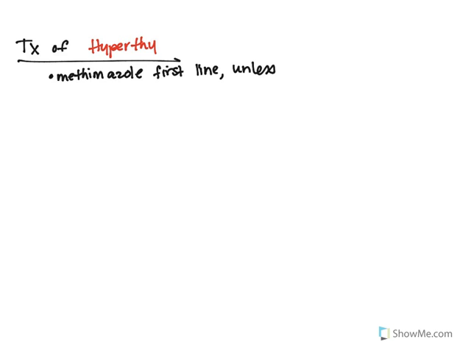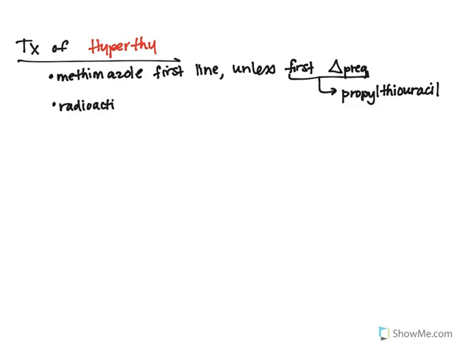In the first trimester of pregnancy, propylthiouracil should be used instead. Your other options for treatment are radioactive ablation and, of course, thyroidectomy.